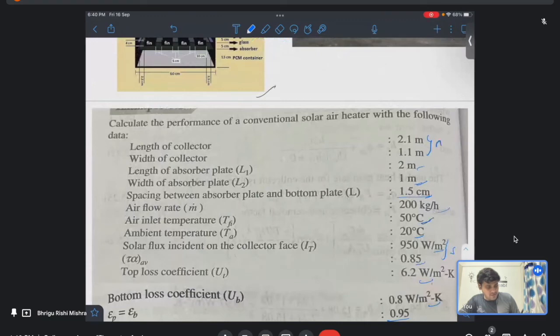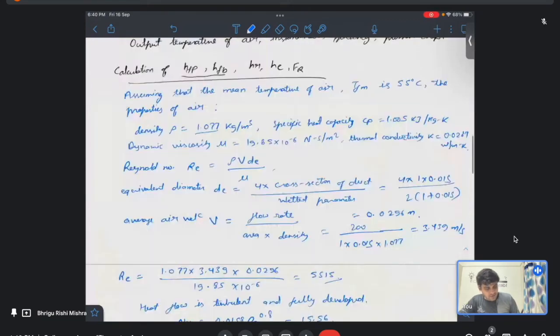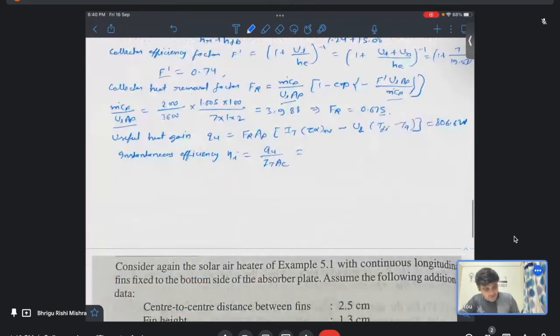This will give you AC, this will give you AP. So we have calculated QU, which is 806.6. IT is given 950. AC is also given, 1.1 into 2.1. So it is 0.368. That means efficiency is 36.8%.